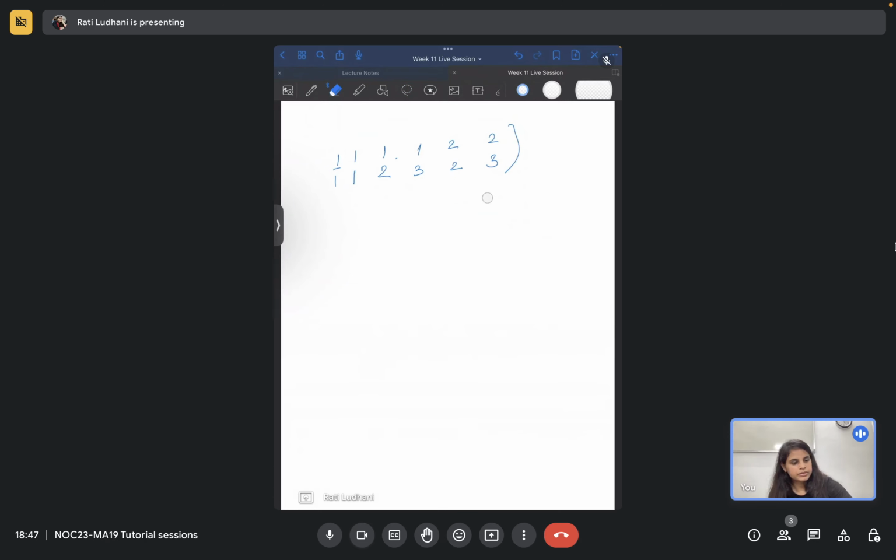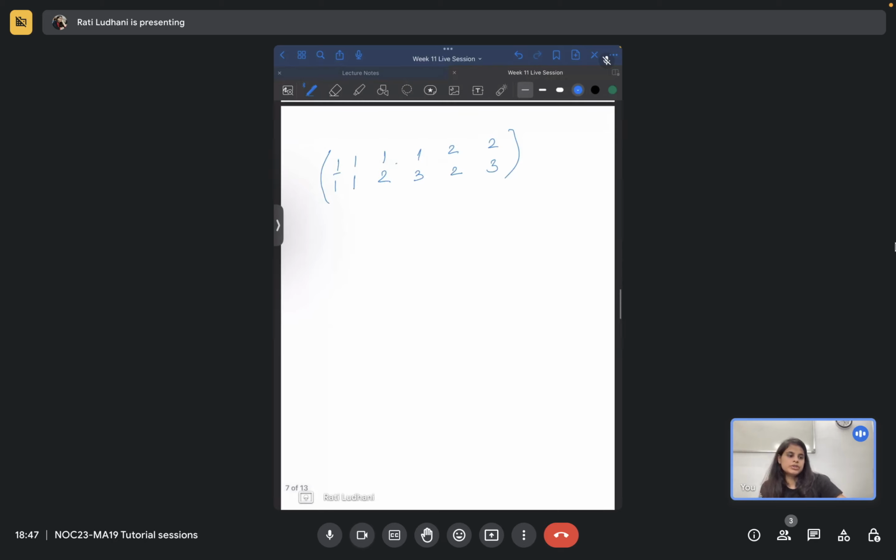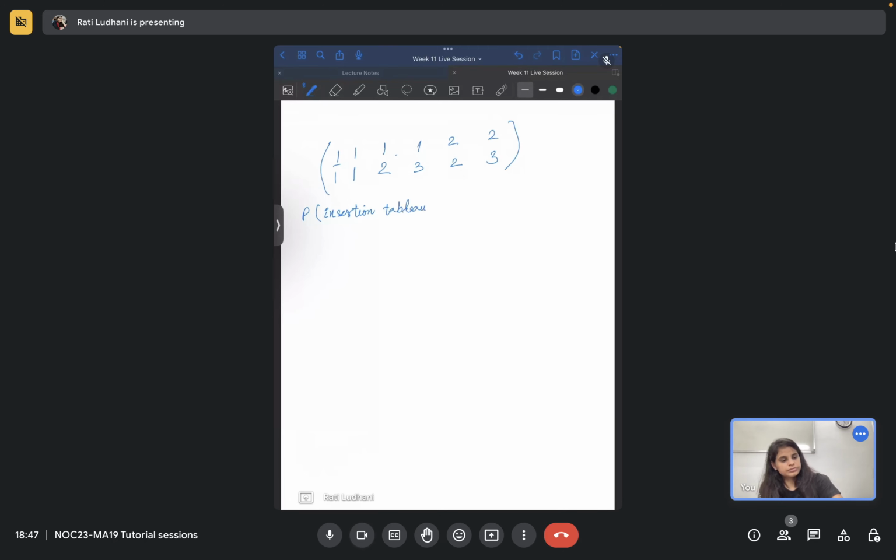So this is the bivector we got corresponding to A. Now we need to find out RSK of A. That means we need to find out P and Q. And what are P and Q? P is the insertion tableau, and Q is the recording tableau.